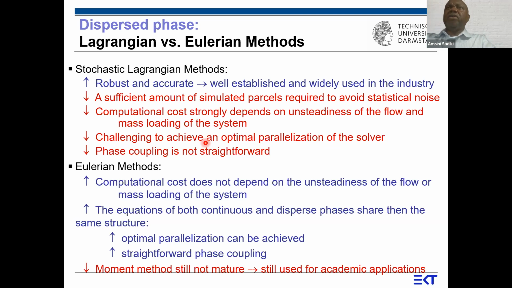But there are also methods which make it possible to get the droplet size distribution at a given distance from the nozzle and to prescribe this and give it to the Lagrangian.